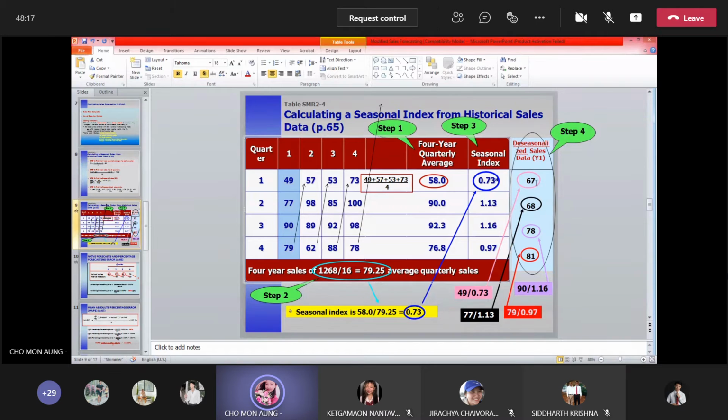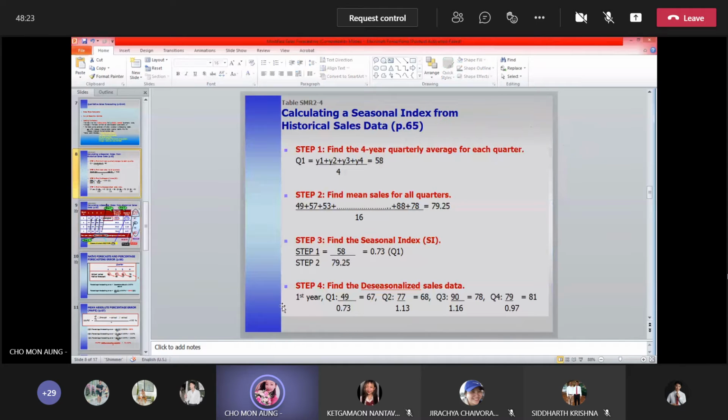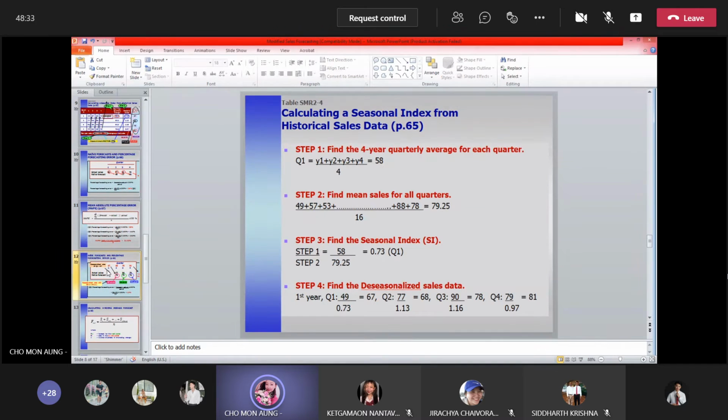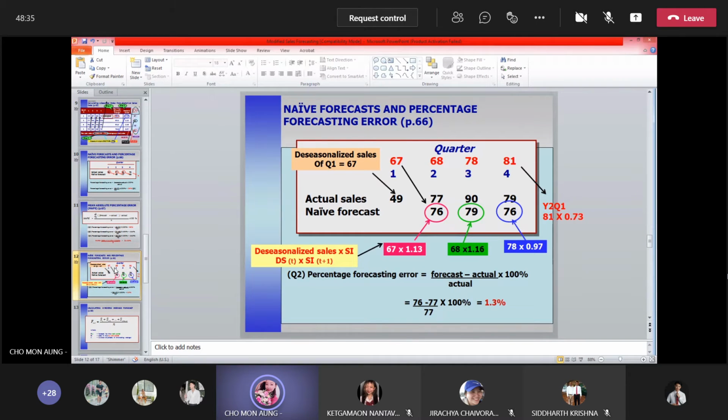To reduce the error, we will use these 4. These 4 are from step 4 of the first part. Now this is a little bit confusing, so try to pay attention and listen, try to understand.